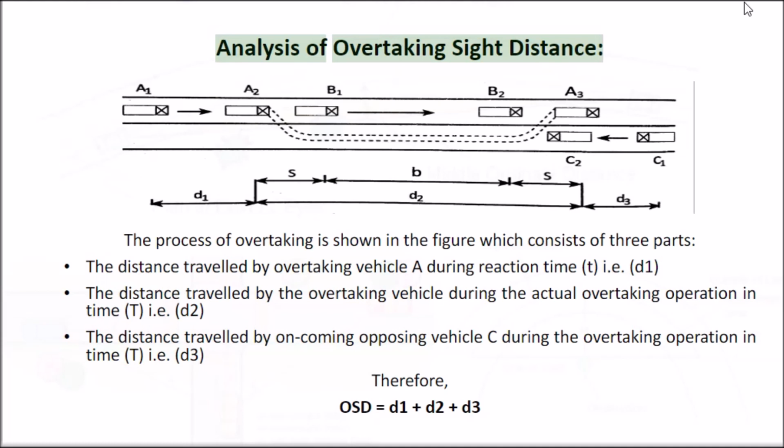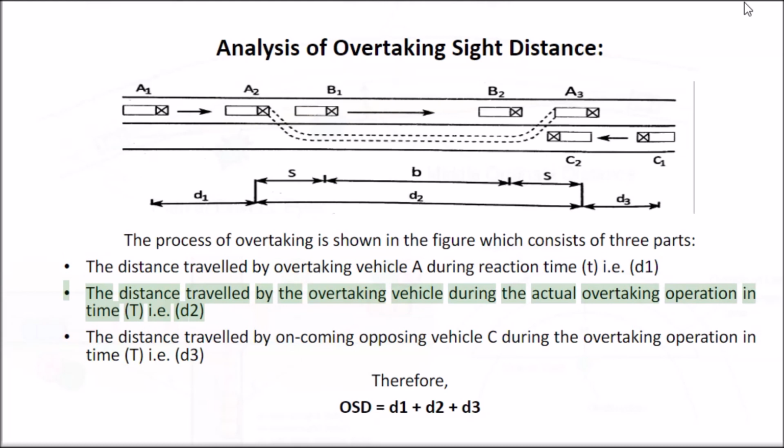Analysis of overtaking sight distance. The process of overtaking is shown in the figure, which consists of three parts. The distance traveled by the overtaking vehicle during reaction time t, i.e., d1.